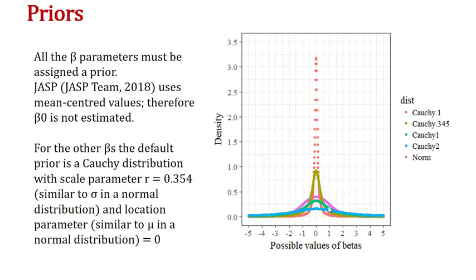So the green one here is a Cauchy with scale parameter 1, and the blue is a Cauchy with scale parameter 2. Now I also plotted a normal distribution, which is this pink one, to show you the differences and similarities.